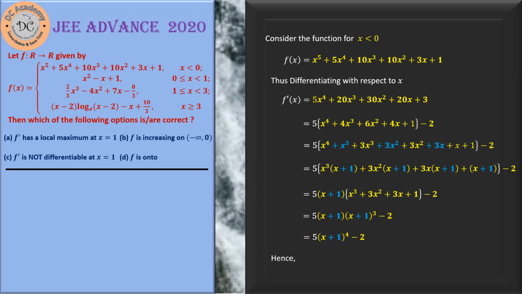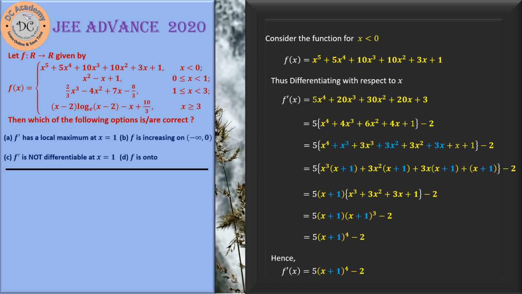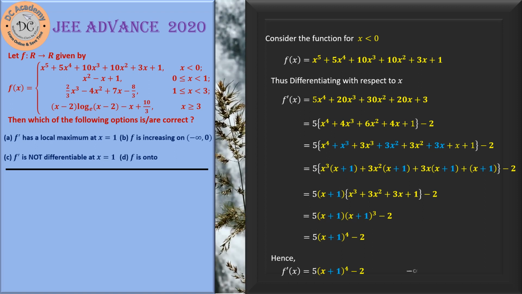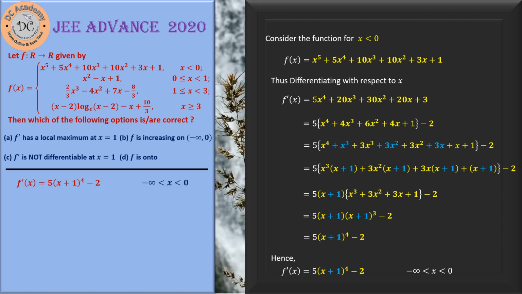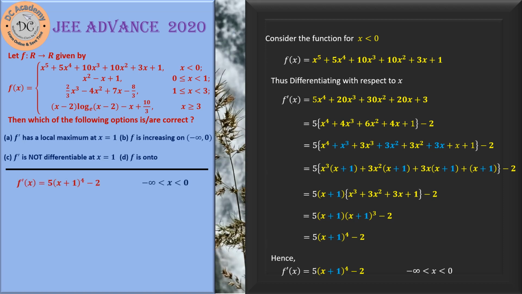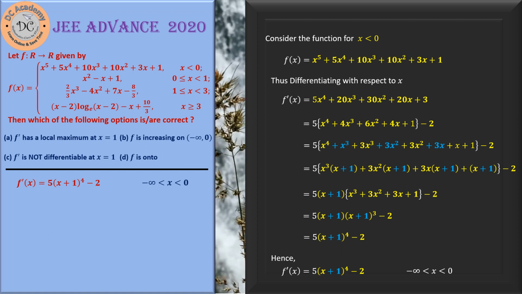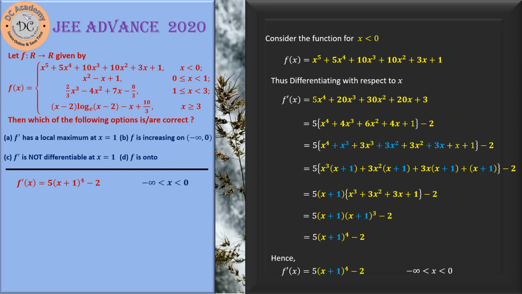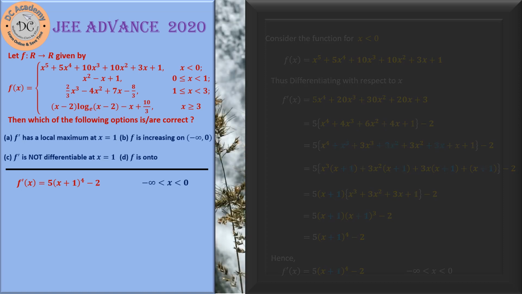So f'(x) will be equal to 5(x+1)^4 minus 2. Just note down that definition of f'(x) for x between minus infinity and 0. Now we have to differentiate the remaining.